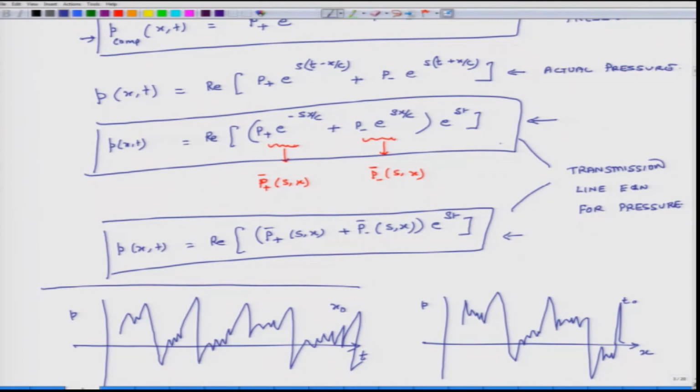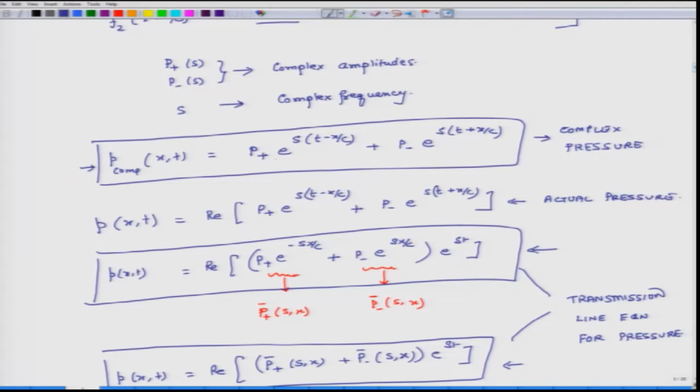So, that is why right now I am just assuming that there is just one single complex frequency passing through the system, and it can be expressed as a forward travelling wave, p plus e to the power of s times (t minus x over c), and a reflected, backward travelling wave, which is p minus e to the power of s times (t plus x over c). If I sum them up, this is the overall expression for p of x and t.